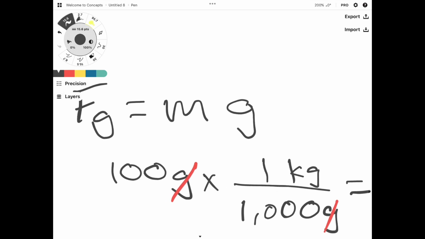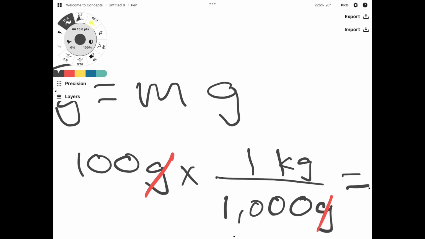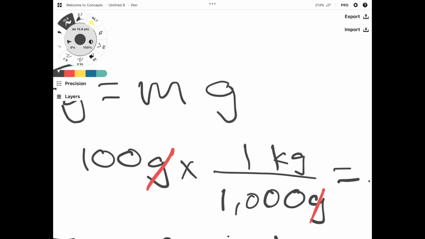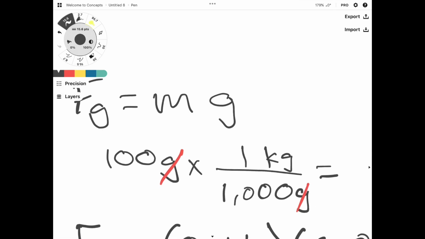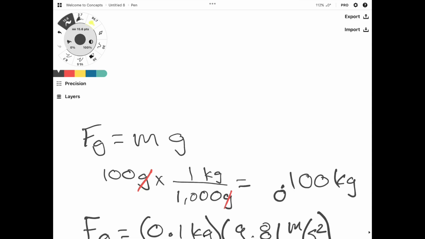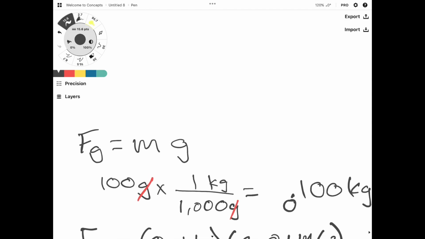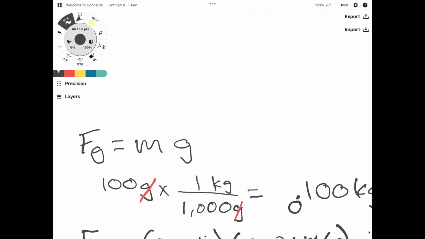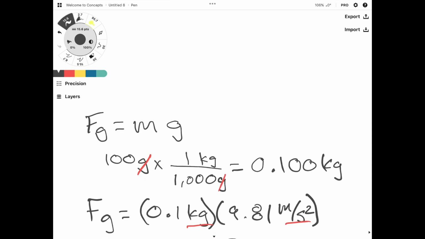And so I know my mass is 100 grams, which if I convert that to kilograms, where there's 1,000 grams in a kilogram, and I do that multiplication where the grams cancel out, I end up with 0.100 kilograms.